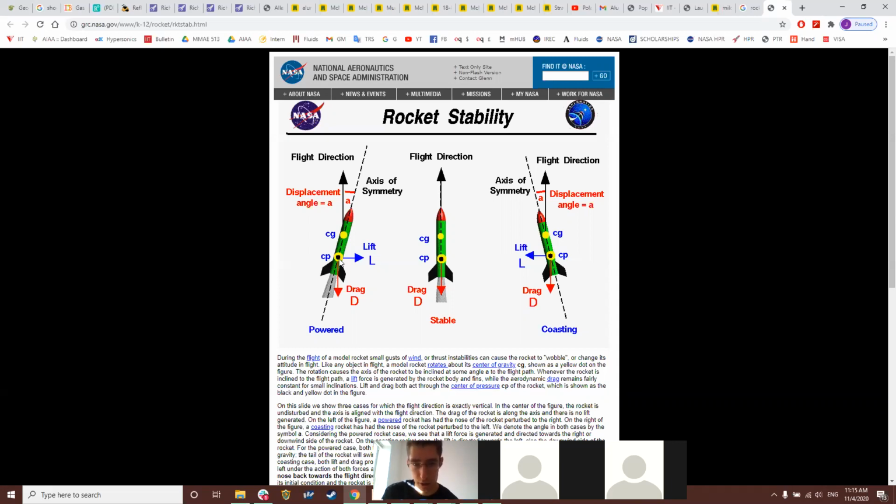And as you probably already guessed, the longer the distance between CP and CG, the better it is, and also the higher velocity and the more stable the rocket is. So it's important, as a rule of thumb, that the distance between CP and CG is at least 1 rocket diameter or 1 caliber.